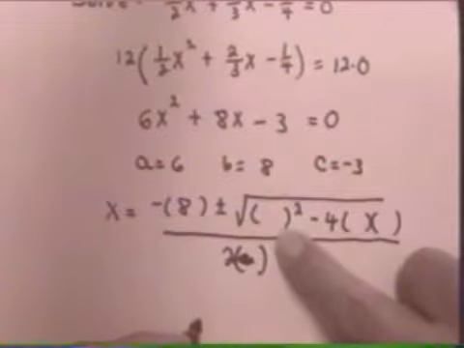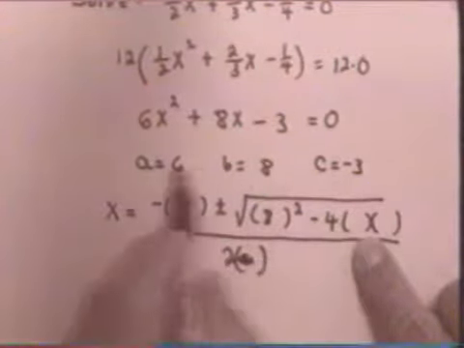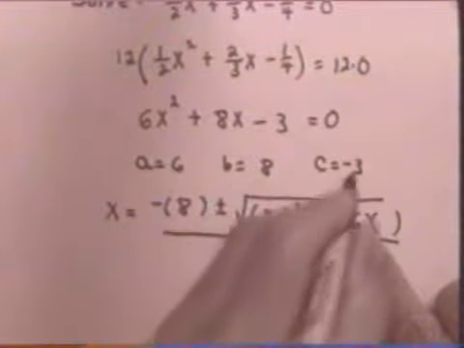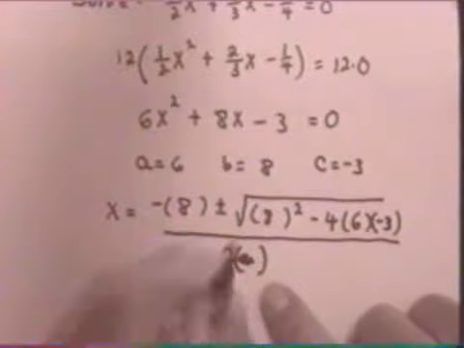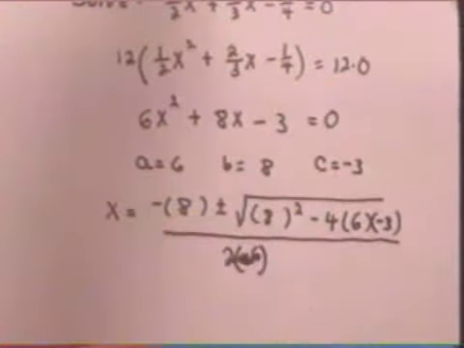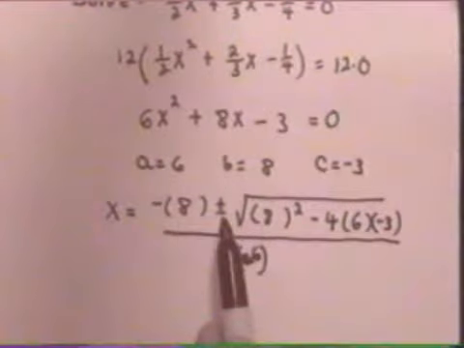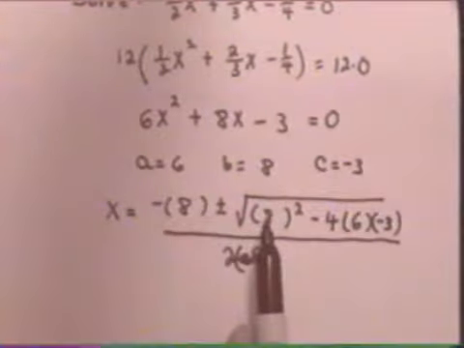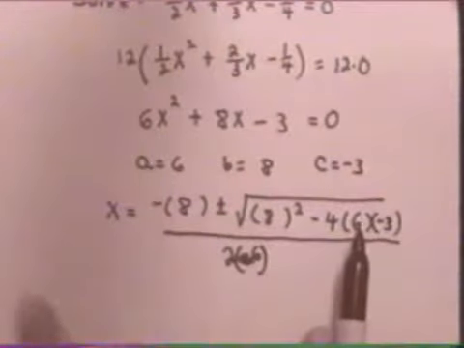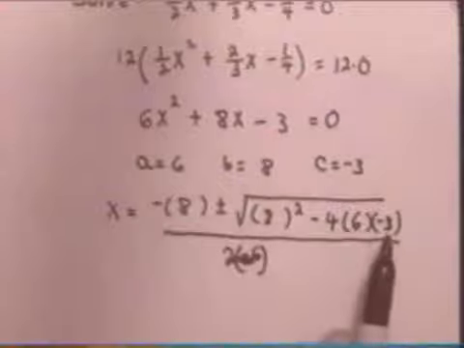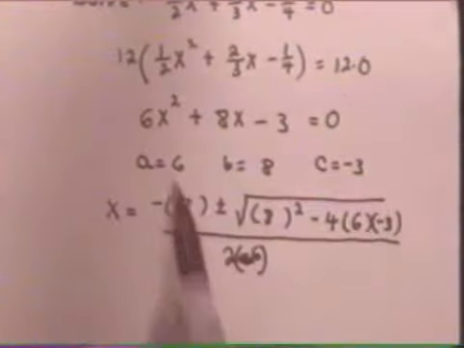This calls for b squared. b is 8, minus 4a. a is 6. c is -3, all over 2a, which is 6. So opposite of b, plus or minus the square root of b squared minus 4a c, all divided by 2a.